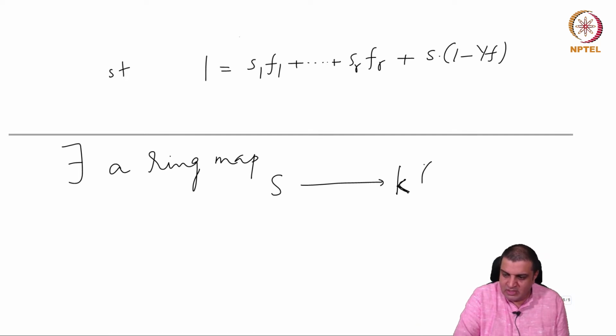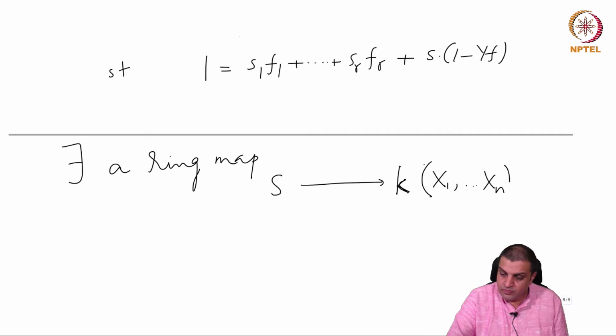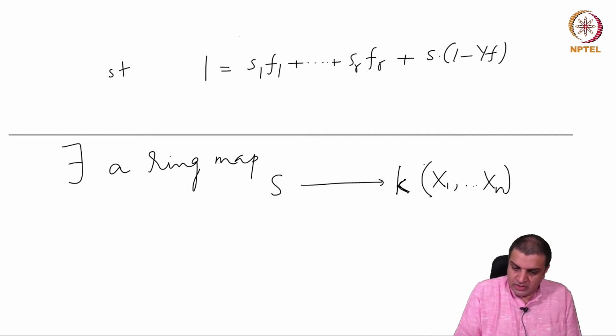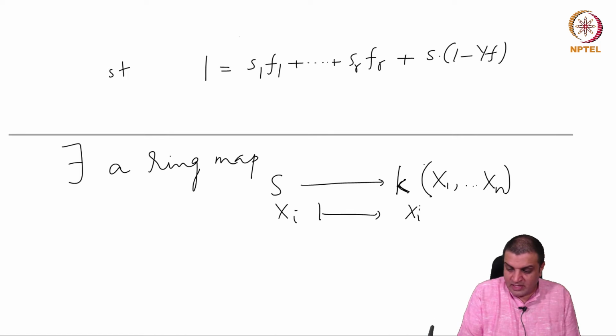The ring that we will consider is the rational function field in the x variables. So there exists a ring map in which elements of k go to the same elements, xi also goes to xi, and y goes to 1 over f.